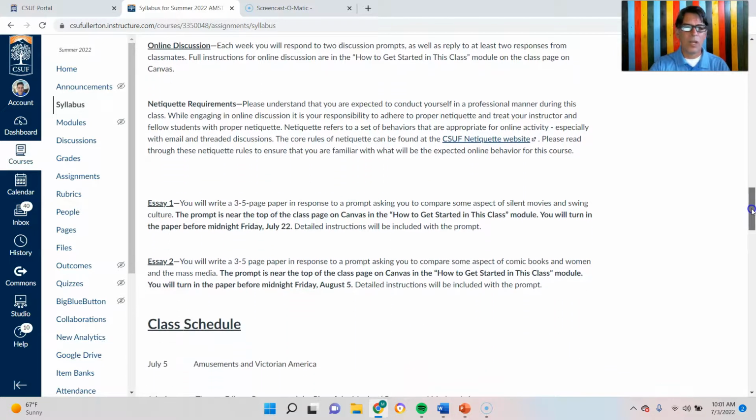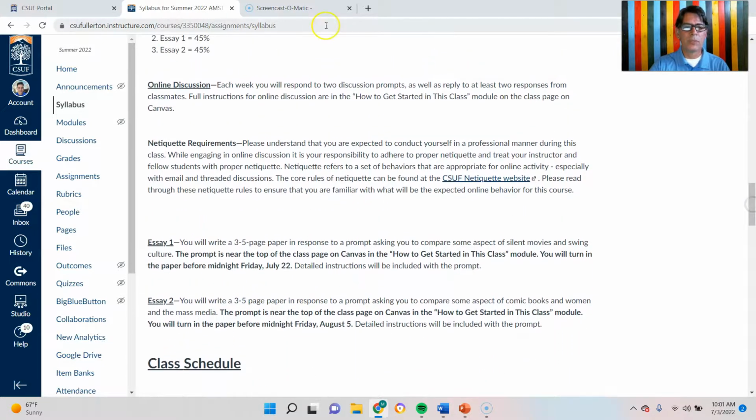Okay. I explain about online discussion. Netiquette requirements. There's this new idea of netiquette, etiquette for interacting on the internet. This is mostly about just don't be a troll to your fellow students, okay?